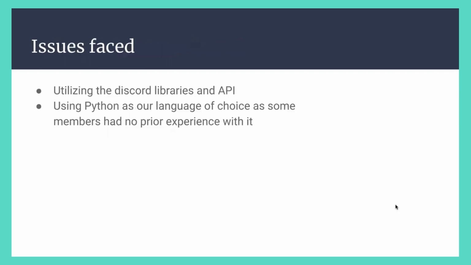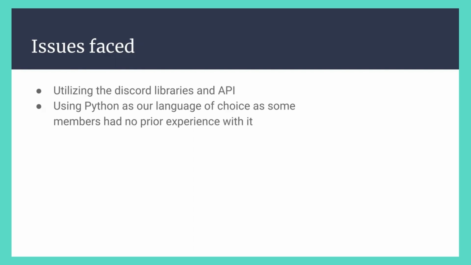So we did face some minor issues with the project. The first one was just setting up the coding environment for the project. We had to figure out how to utilize the Discord libraries and get familiar with the APIs. This was the first small hump that we faced in this project.